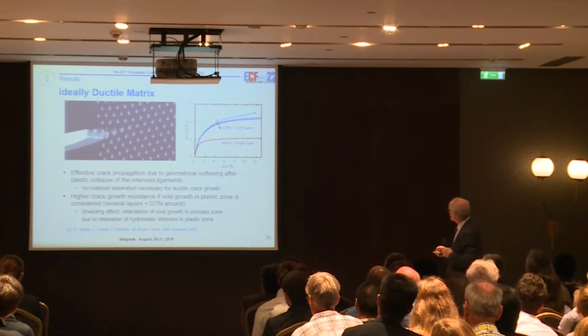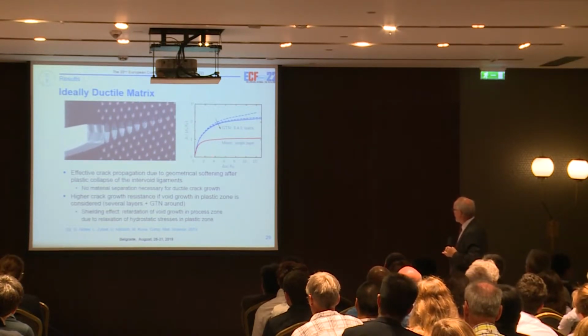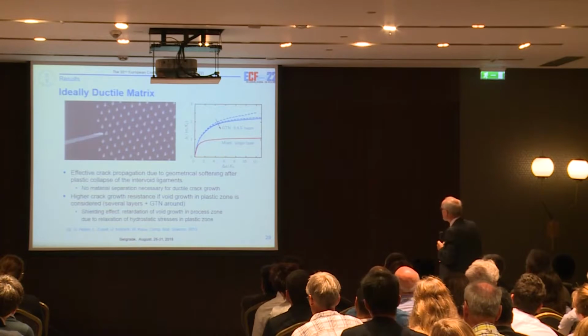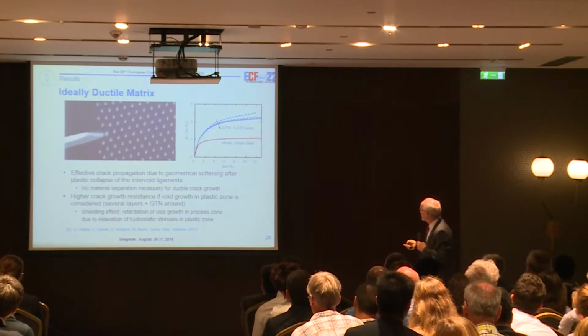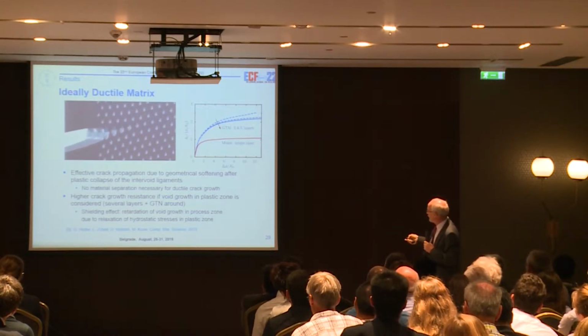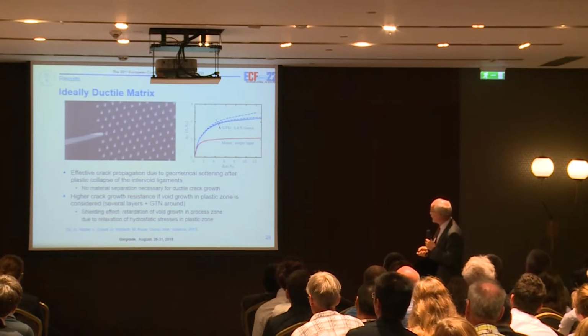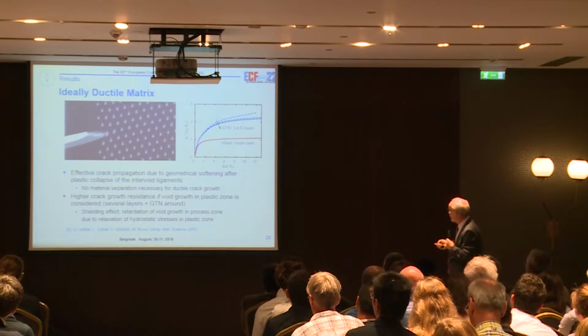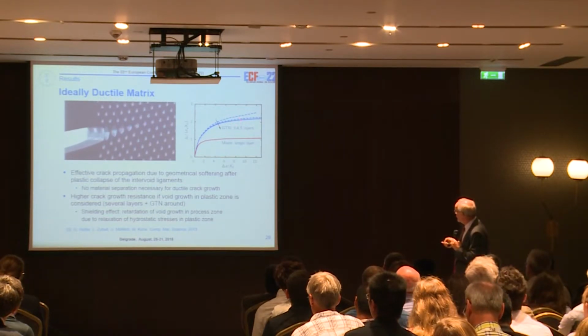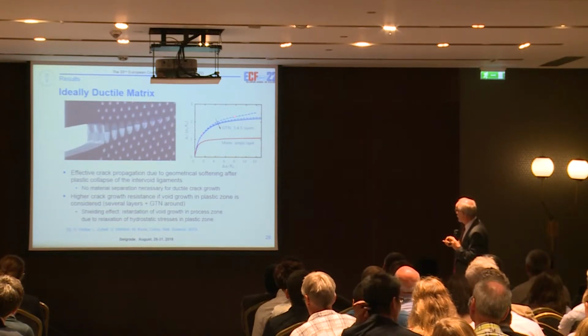And here you see the resulting J-R curve, also normalized. Here we investigate how many rows of voids we need to describe the process zone well. You see we need at least 5, then the solution converges.